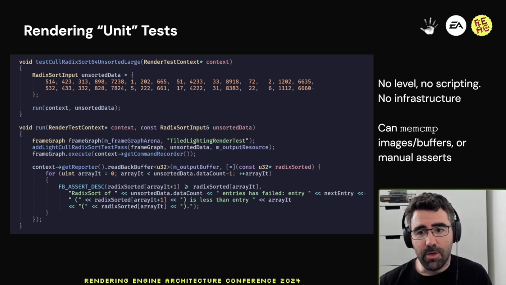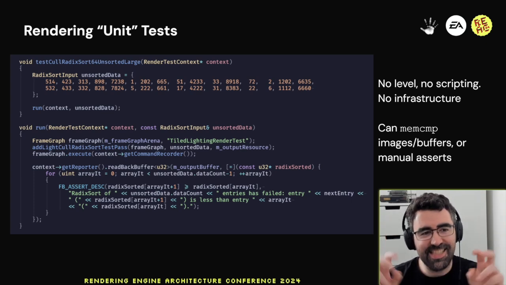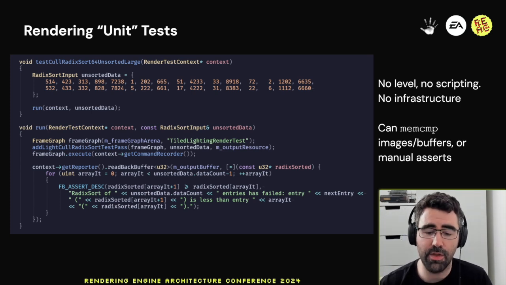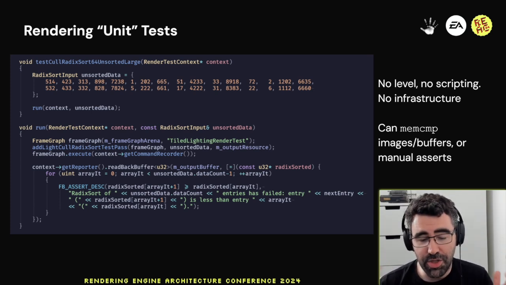Then we have what I would call unit tests. These ones are C++, and they are in the engine. And I can't, in good conscience, call them unit tests because they do involve communicating with the GPU, executing things on the GPU, and then reading the output back. So they are not as unitary as you would like in theory.